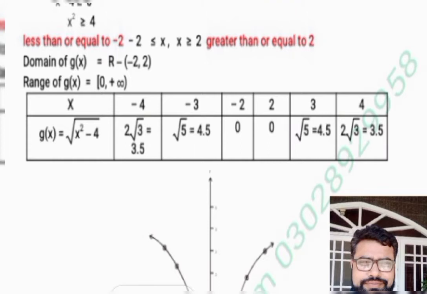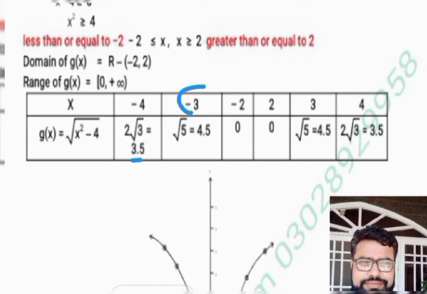So we will put some values in the given function. The given function is square root of x squared minus 4. If we put minus 4 in the function, the answer will be 2 square root 3, that is approximately 3.5.